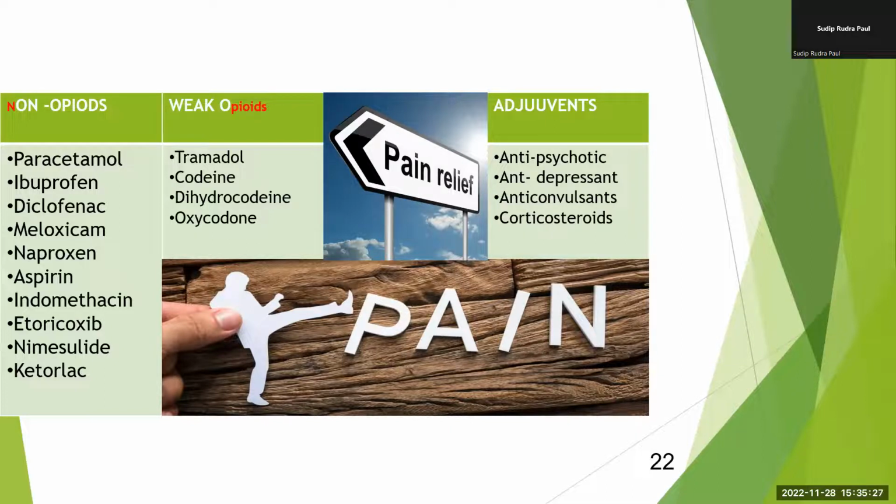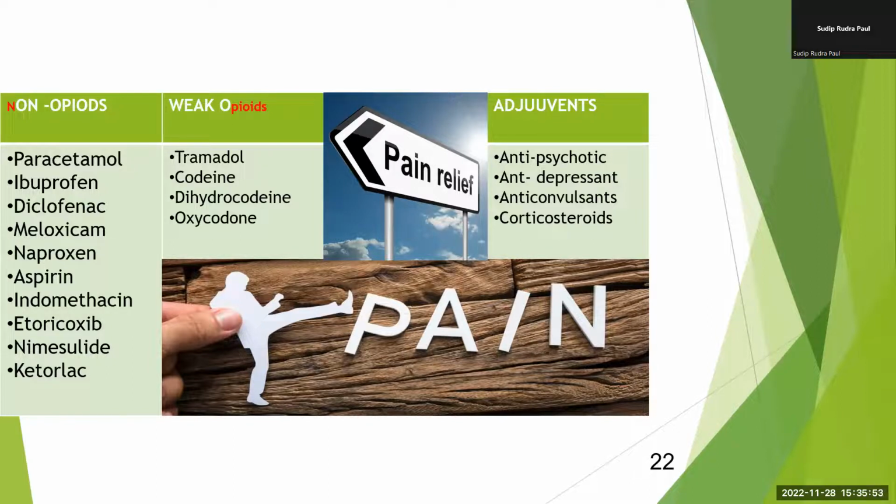So once again, let's talk about the non-opioid drugs. It's paracetamol, ibuprofen, diclofenac, naproxen, aspirin, etoricoxib, nimesulide, ketorolac, and all kinds of antispasmodics. It all comes under non-opioids. If we see the weak opioids, they are tramadol, codeine, dihydrocodeine, and oxycodone.